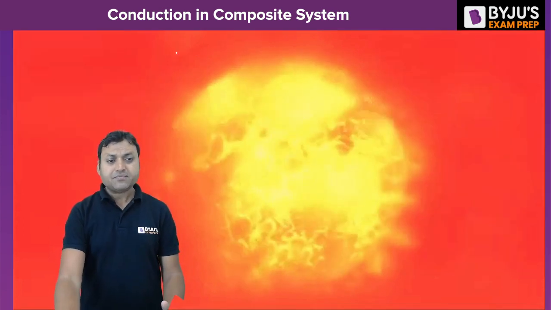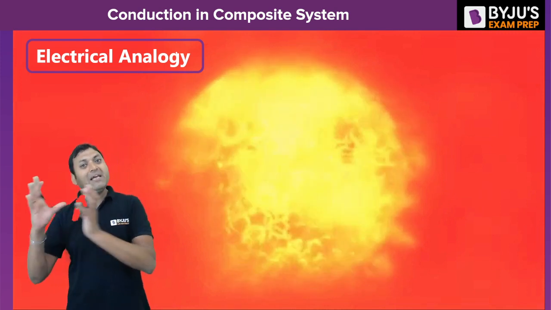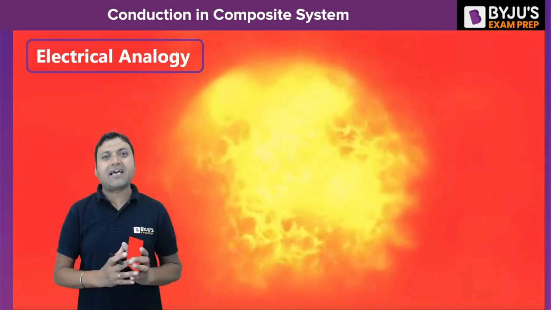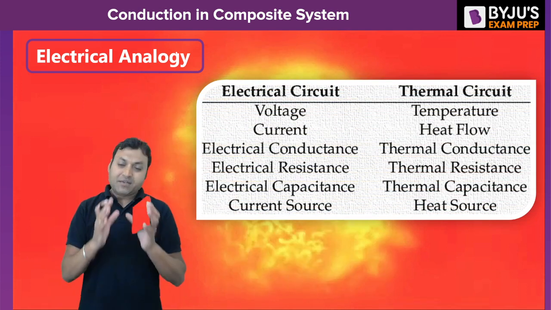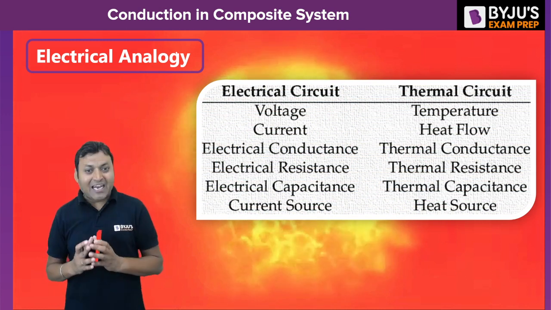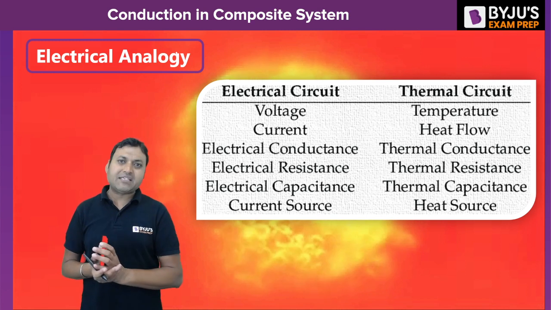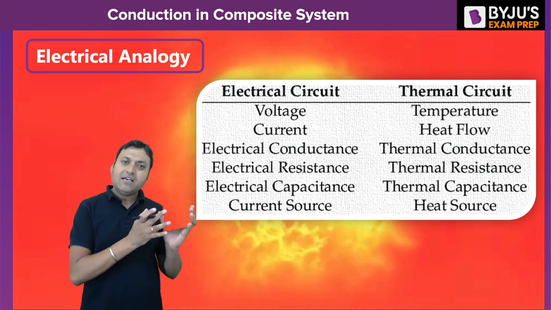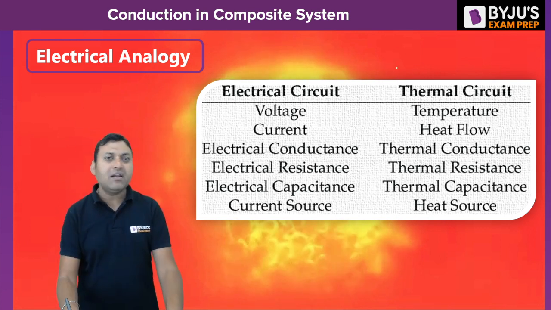All right. Now the same analysis can be related with the circuit diagram. The way we draw the electric circuit, we can draw the thermal circuit as well. The analogy between electrical circuit and thermal circuit is that the voltage will be replaced by the temperature, current will be replaced by the heat transfer, and electrical resistance will be replaced by the thermal resistance.